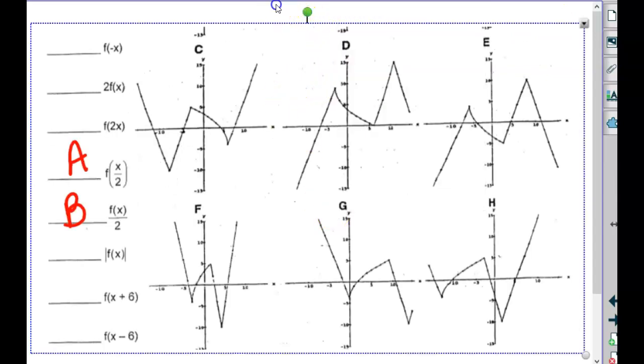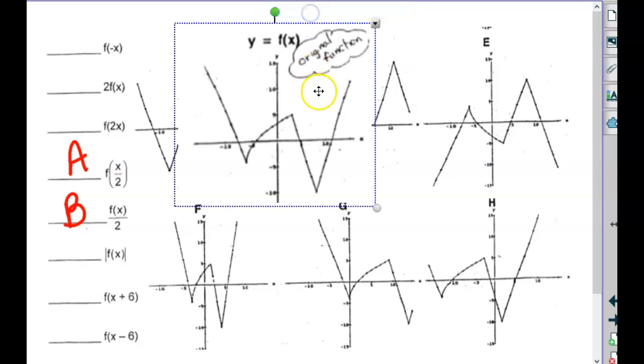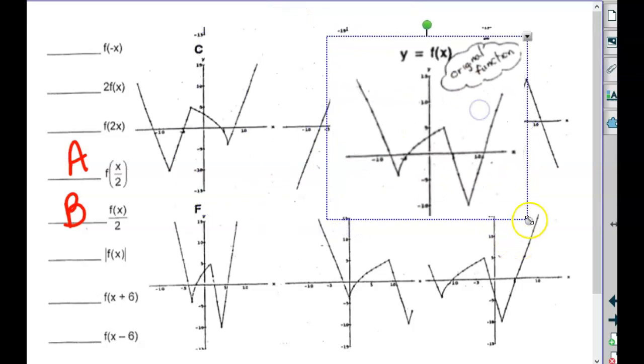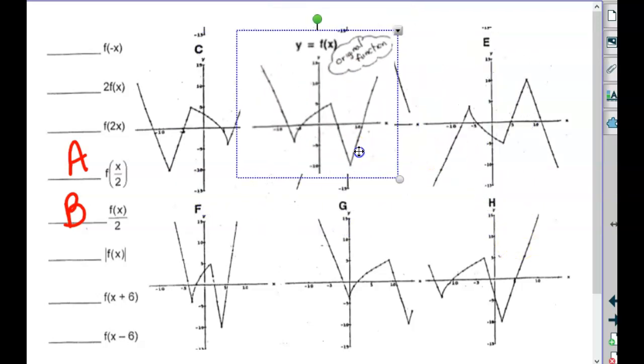So if I put the original on this page, try to make it the same size.